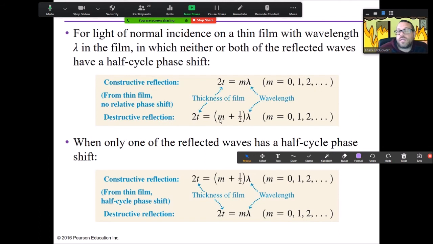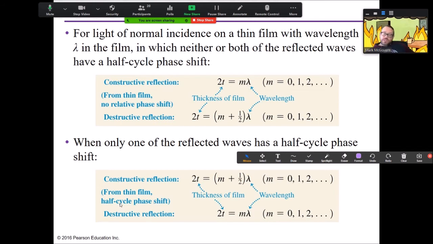For the destructive, it's going to be the half integers here. So that is when there's no relative phase shift. That's what we expect to see, and that makes sense, right? With no relative phase shift, the path length difference is just going to be a multiple of the wavelength.